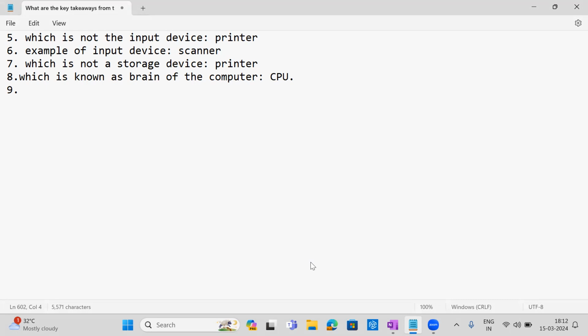CPU and memory are located on what? The expansion board, motherboard, storage device, output device? They are located on the motherboard.